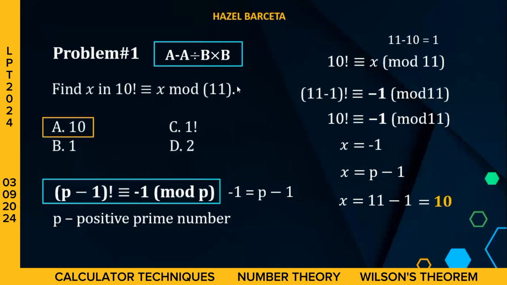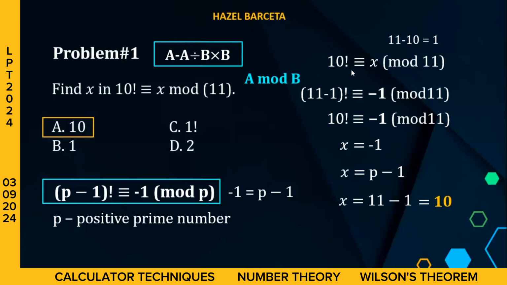We have this format. We have A mod B. Mod B, mod 11. Hence, our B is equal to 11.